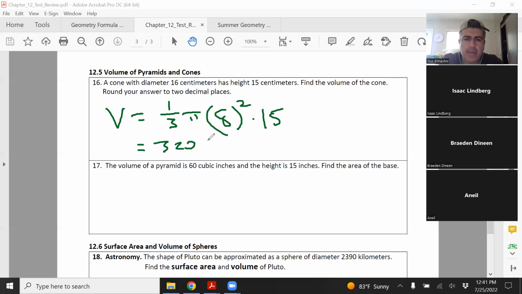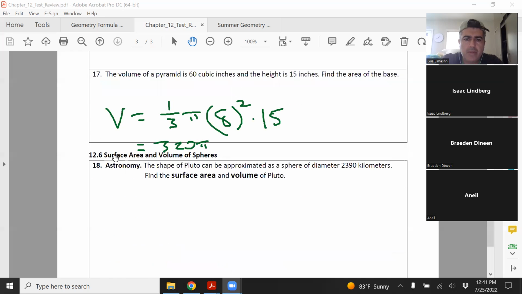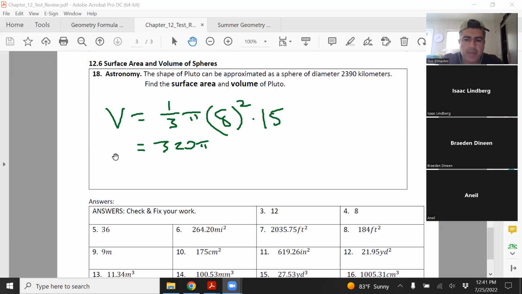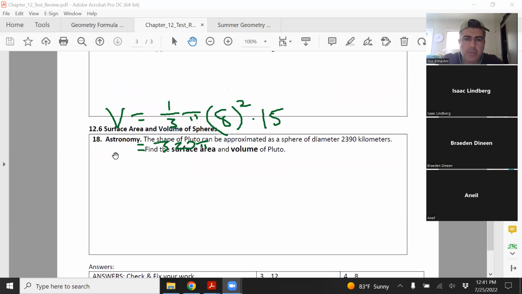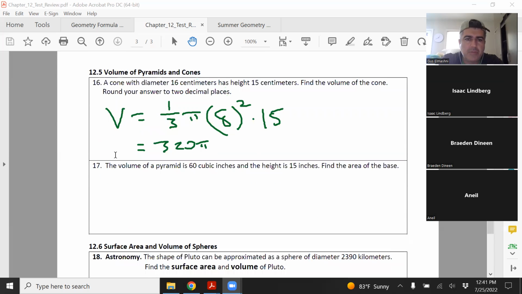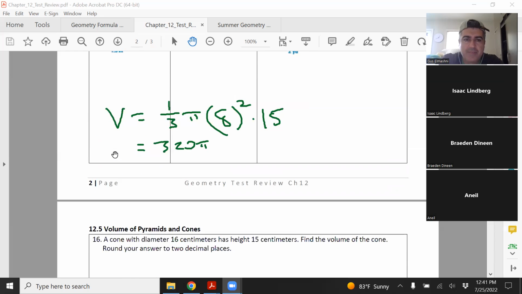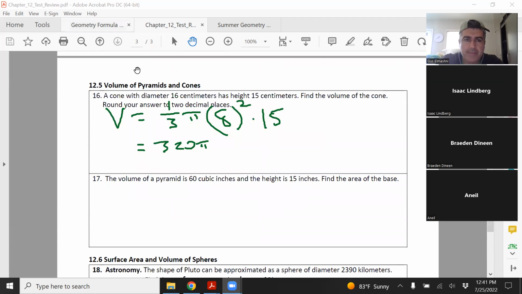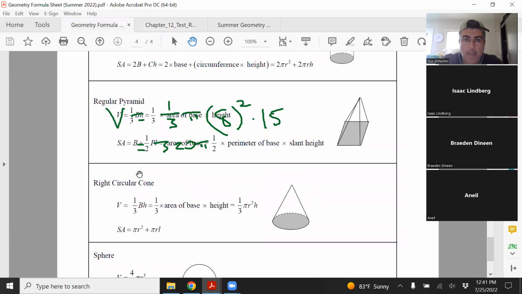You should get 320 pi. Yeah, I'm pretty sure it comes out to 1005.31 if you multiply pi by 3.14. So, yeah, that should be, again, pretty straightforward. A lot of just formula stuff. The formula's all right here, and jump to formula sheet.